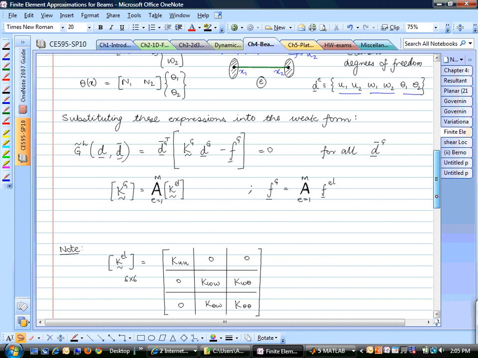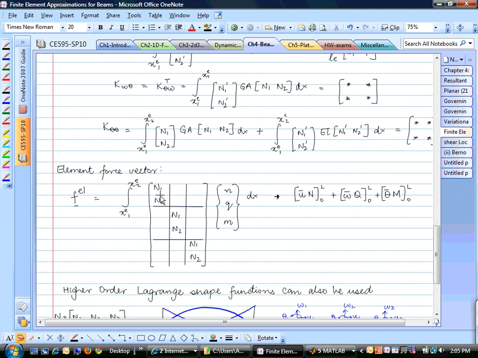And if you do that, you can express N transpose times F. This is very similar to what you had before: N transpose times this term, N transpose times this term, and N transpose times this term. So this is basically how you would construct an element stiffness matrix and element force vector.